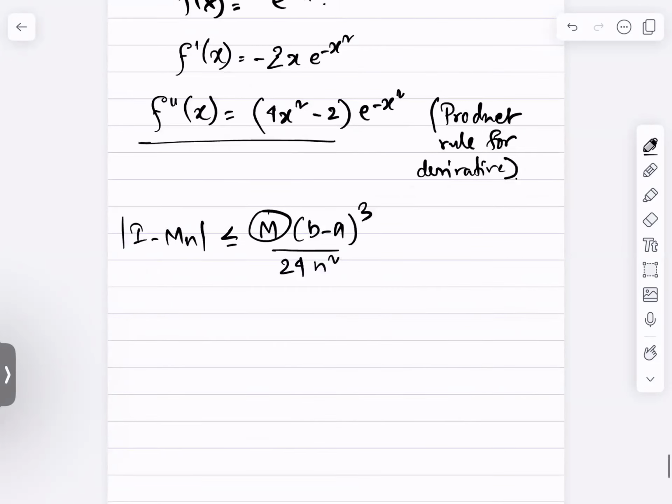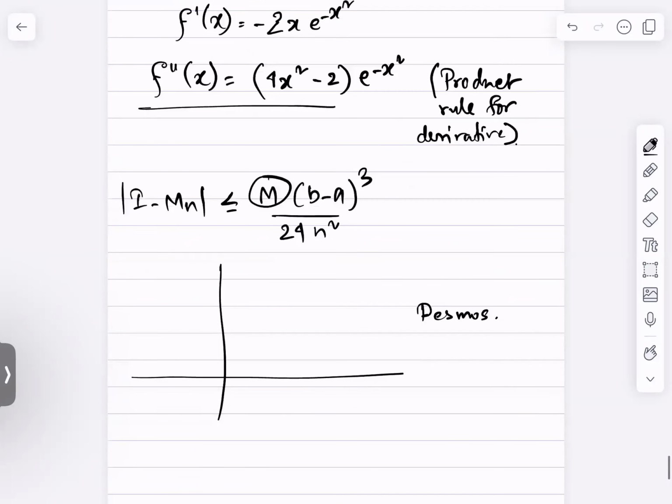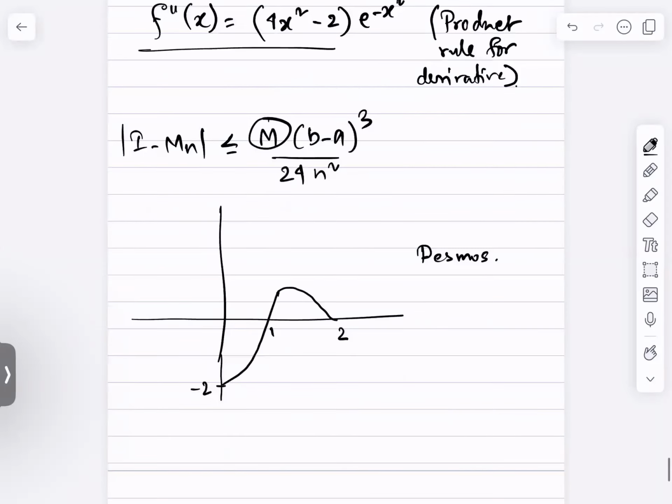Okay. So basically I just plotted it in Desmos, a graphing software. And I have seen that it should be like this. Minus 2, so it's like this, and then like this. This is f double prime of x.